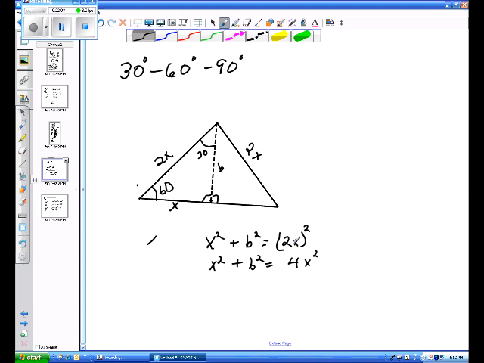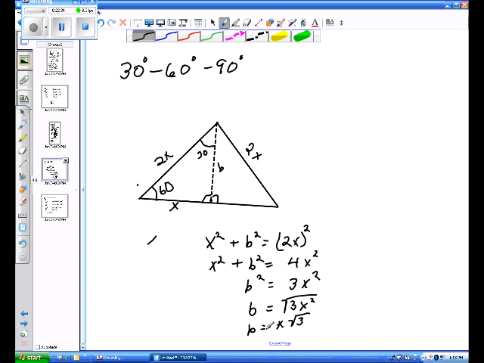Remember, you have to square both of the factors. Now subtracting, b squared equals 3x squared. Taking the square root, and I only need the positive one. I want the square root of 3x squared. Well, I can't simplify the square root of 3, but the square root of x squared is x. And remember, we always say it's the absolute value of that.